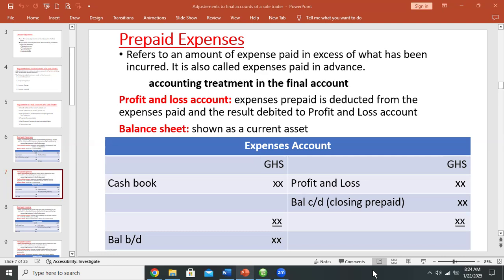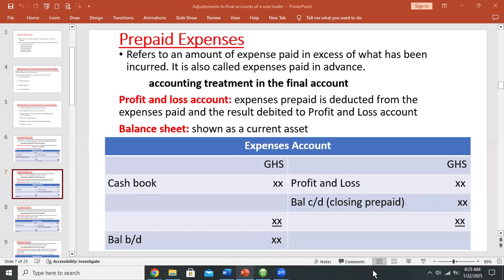Will any of my professors compare this with accrued expense and explain to us what we've just read? It's an amount of expense paid in excess of what has been incurred. And to treat it, you'd have to deduct or less it in the profit and loss account and in the balance sheet.